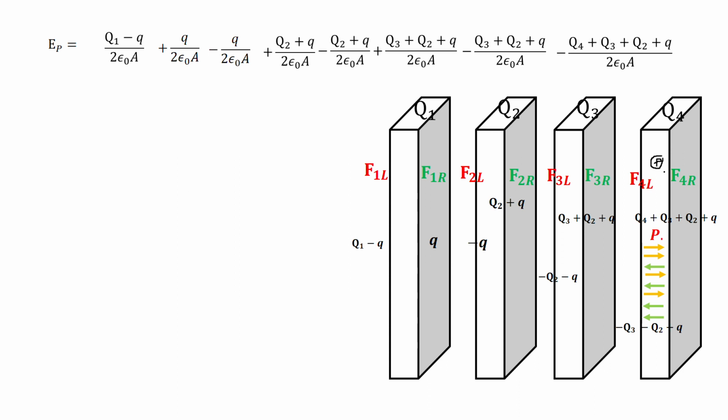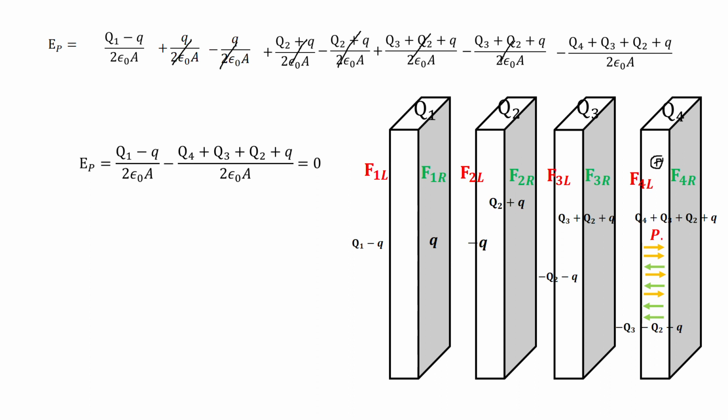Now this electric field EP has to be 0 because it is the net electric field inside a conductor, which has to be 0. Now notice that these are positive and negative, so they will cancel out. Similarly, Q2 plus Q and minus times Q2 plus Q, these two will cancel out. Likewise, this value and this value will cancel out.